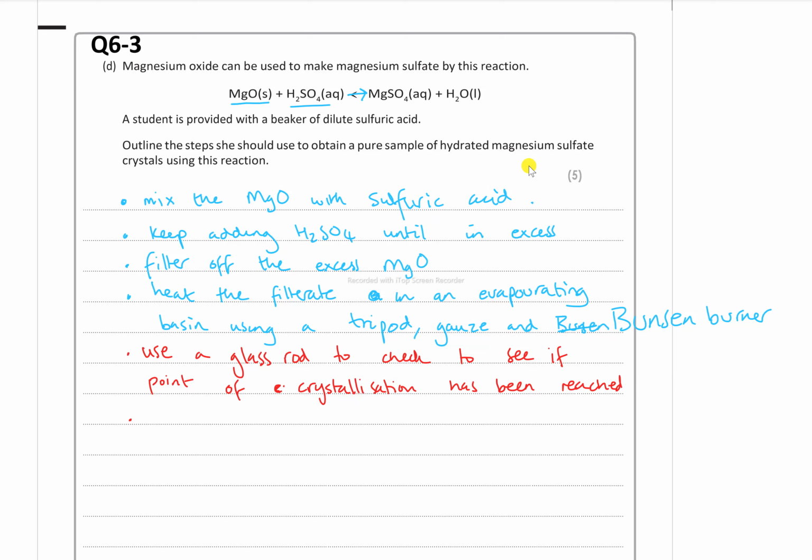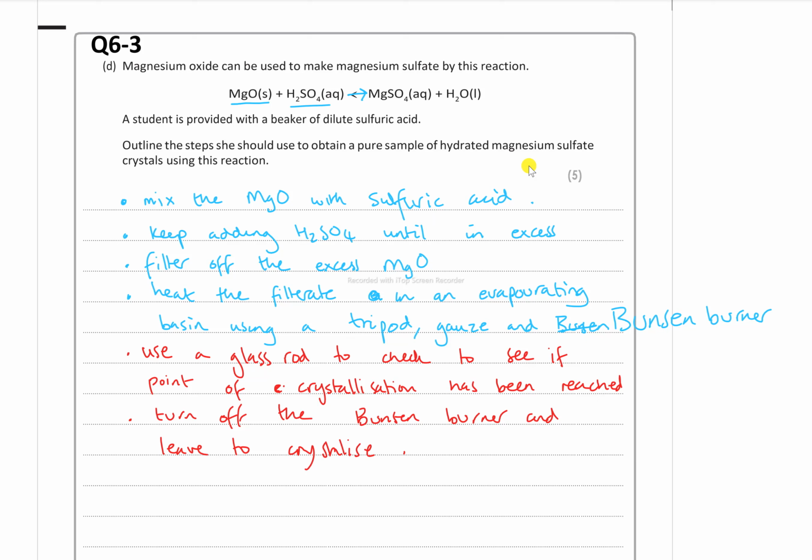Right, by checking to see that if you cool the rod, crystals form, you've reached that. Then you turn off the Bunsen burner and leave to crystallize.